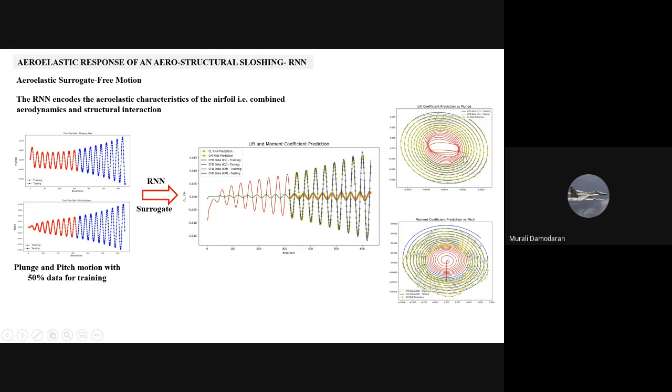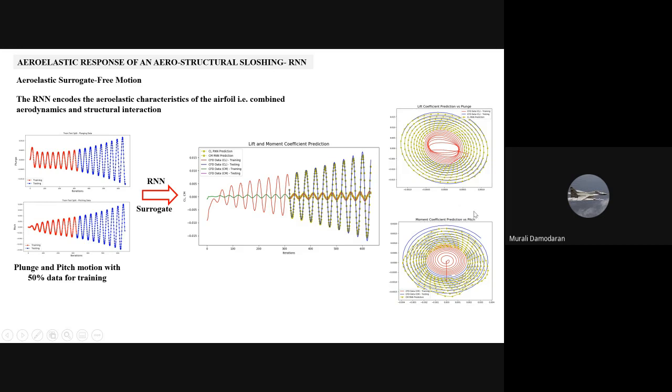But if you look at the phase plot, I can plot this curve in this direction. If you plot the lift versus the plunge and moment coefficient versus the pitch for this selection of training data, you can see the prediction is given by the yellow dots, and blue is the CFD data, and red is CFD data, CL, for training.